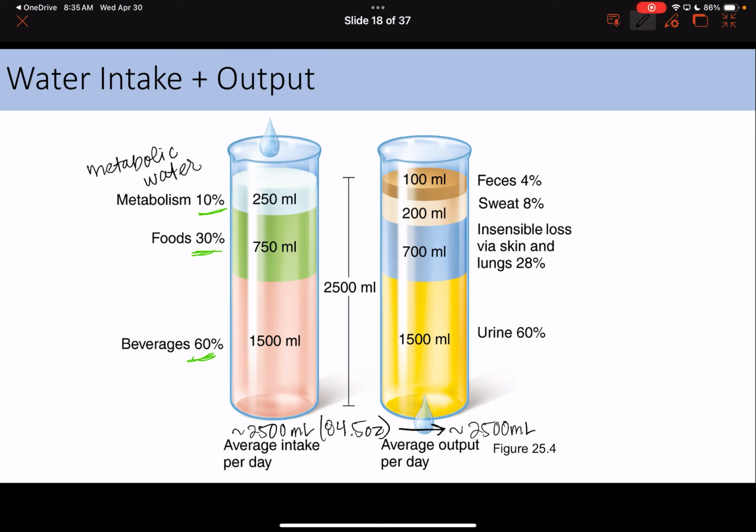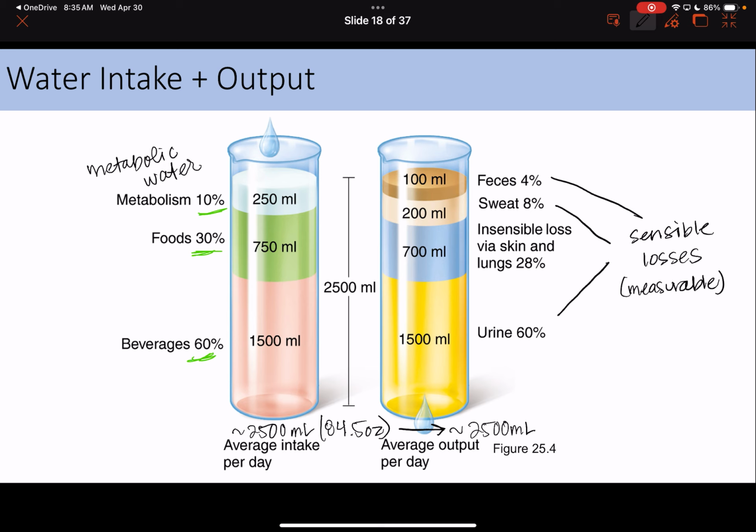Our output of water, 60% is from urine, 8% from sweat, 4% from feces, and these three here are what we call sensible losses. Sensible losses are those things that can be measured. We can measure the amount of urine output in a clinical setting.